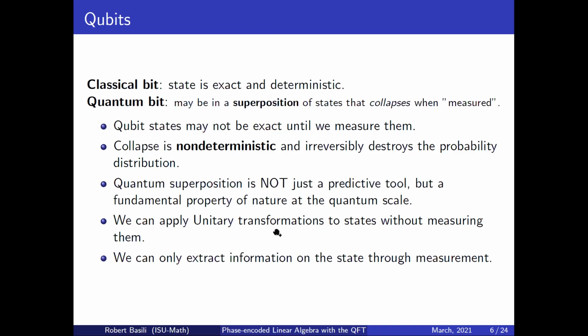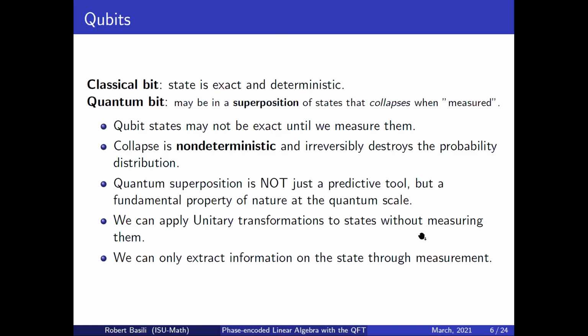So we can apply unitary transformations to states without measuring them. This is very important because it's why we can functionally maintain superposition without any interaction with these qubits. But we can only extract information on the state through measurement.